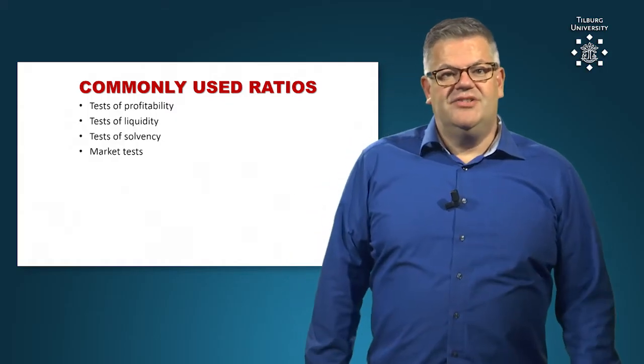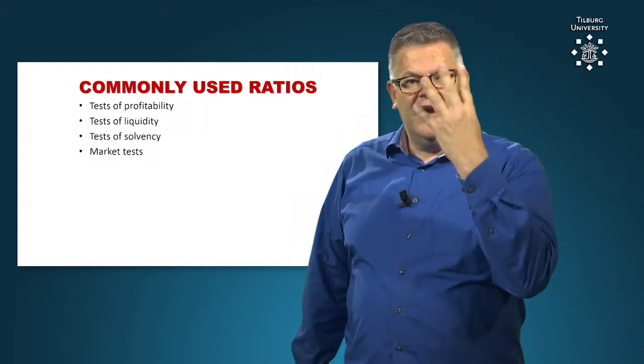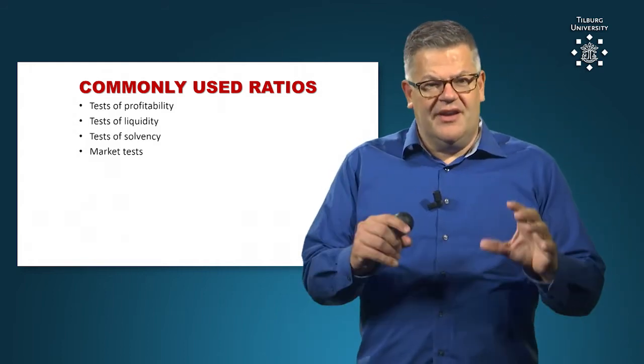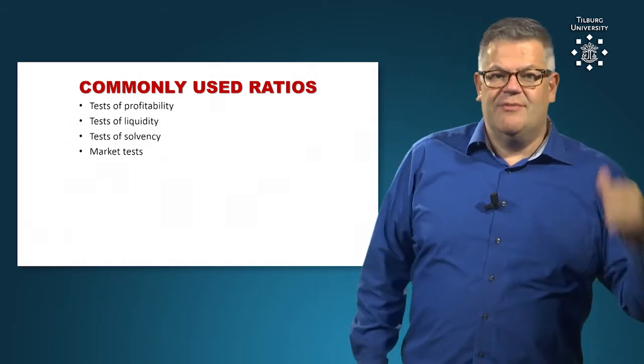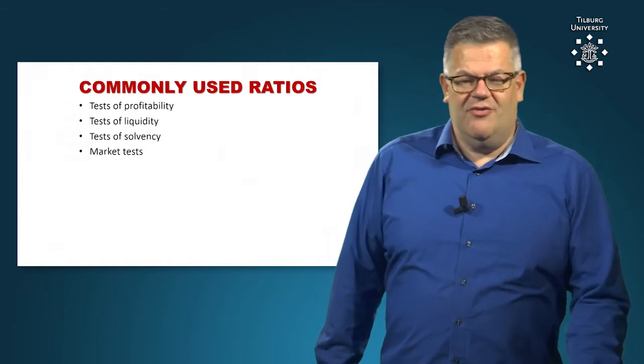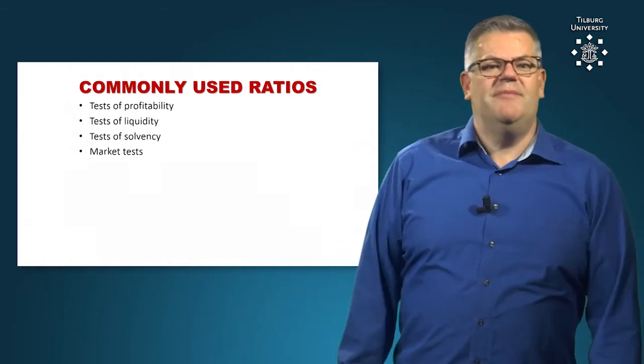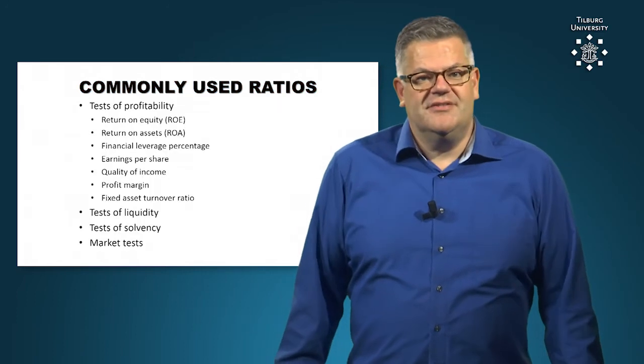I would like now to continue with commonly used ratios. There are 4 kinds of ratios, and I'm particularly interested in the first 3. The profitability, liquidity and solvency. A market test, I really believe in it, but predicting the stock market is probably the most difficult thing around.